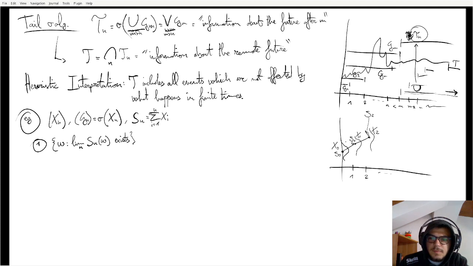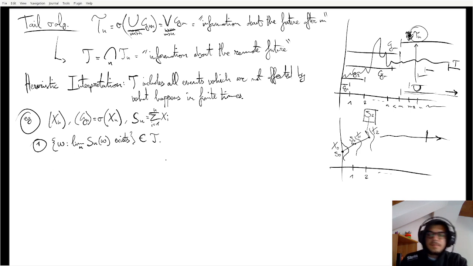So we sum the result of these random variables, and now we want to know if the limit of this process exists. But to know if the limit in the long term exists, we need to know the information of what happens in the remote future. And so this event belongs to the sigma algebra script T. So this is a tail event.